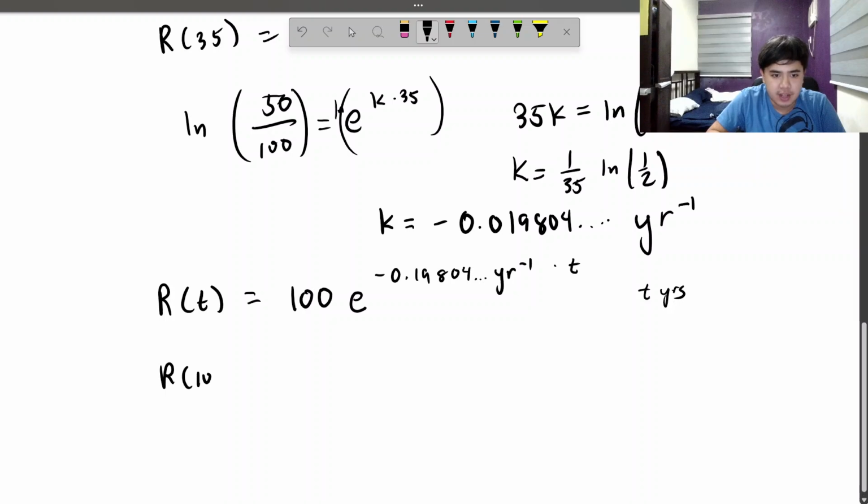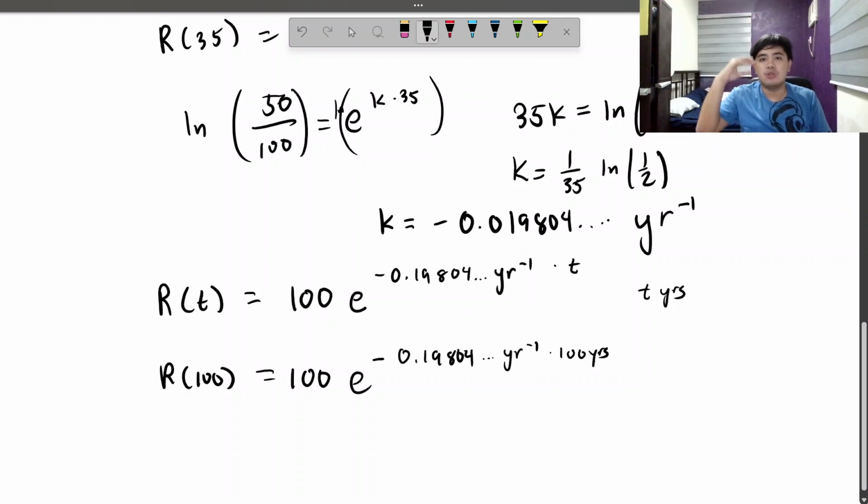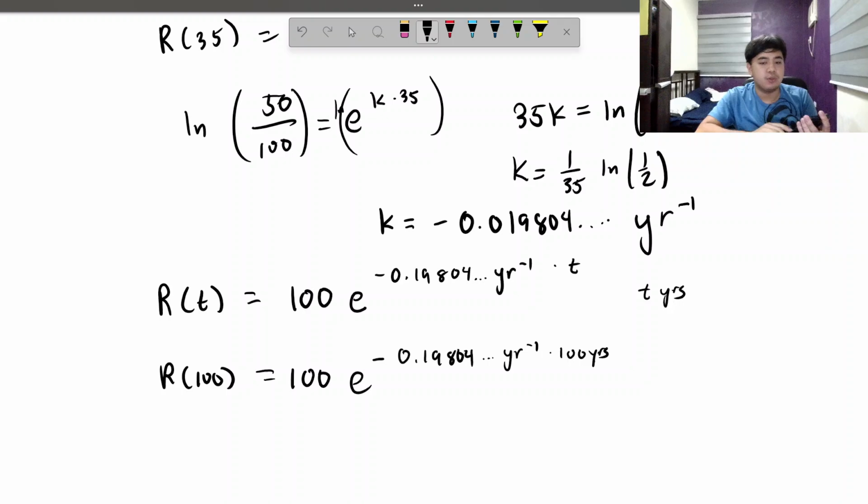So R of 100, that's what we're trying to find. 100 times e to the negative 0.019804 inverse years times 100 years. This and that would cancel each other out, leaving us with no units at the top of the exponent, which is good.